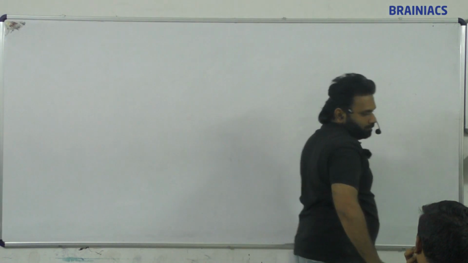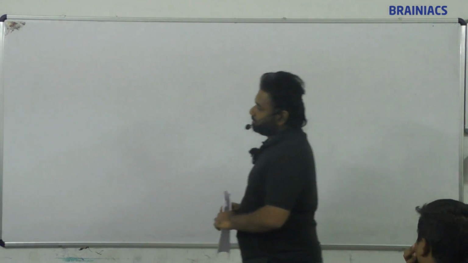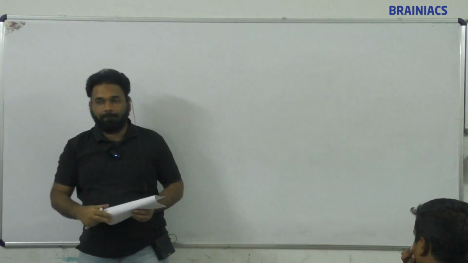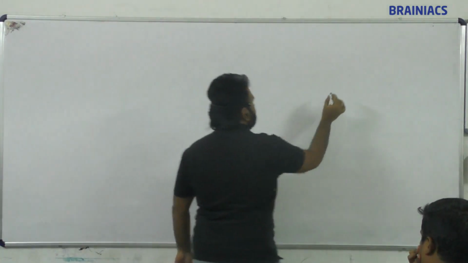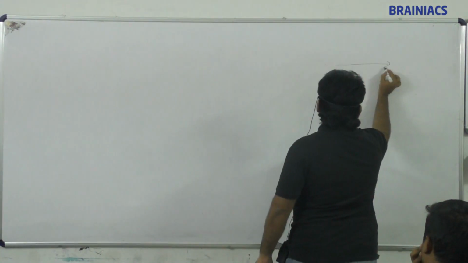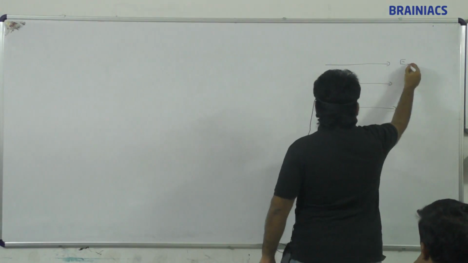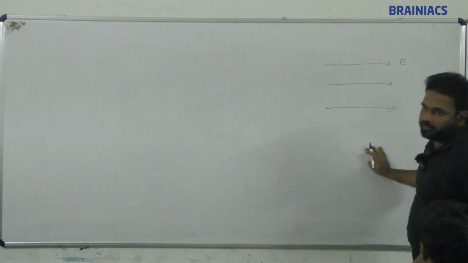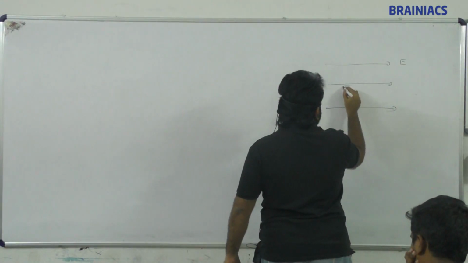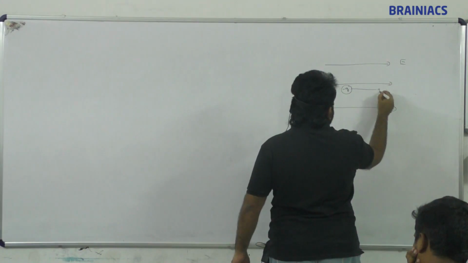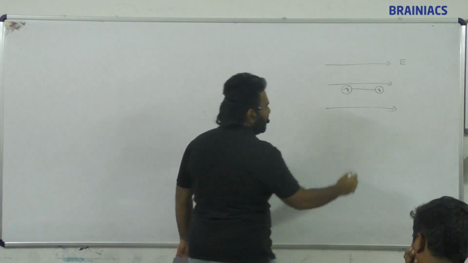So in electrostatics, in moving charges and magnetism, have you studied equilibrium? Just to say for example, if this is the direction of electric field, and you have minus q here and plus q here, this is one position.